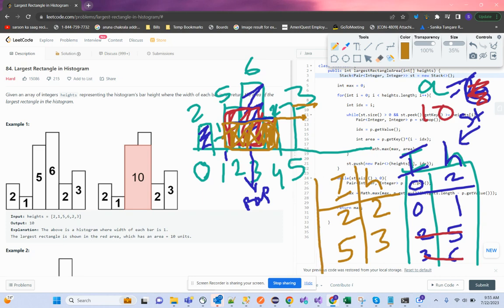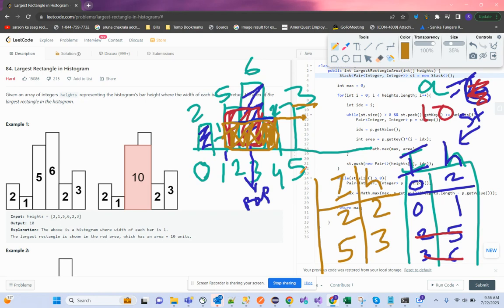What we did is we are calculating the area: if the current height is greater than the stack height, at that time we are popping it out and calculating the area. Thus we come to the biggest area at the end, because we are updating our max area every time. This is the way we can solve this particular problem with the help of a stack data structure.